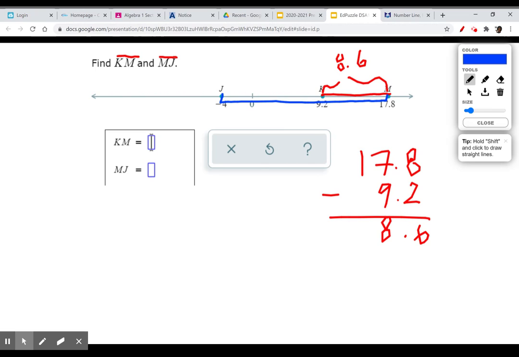So if I'm going from J to M, I have to take 4 steps just to get to 0, plus the distance from 0 to 17.8.